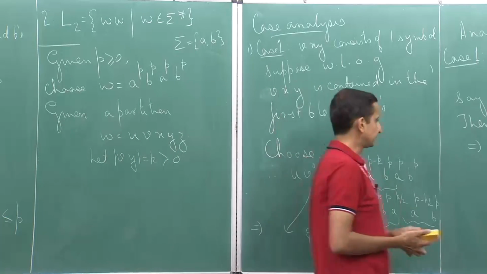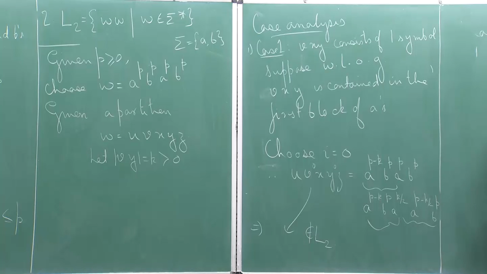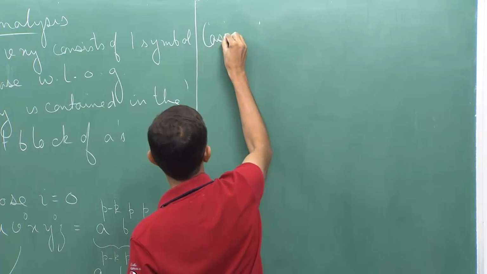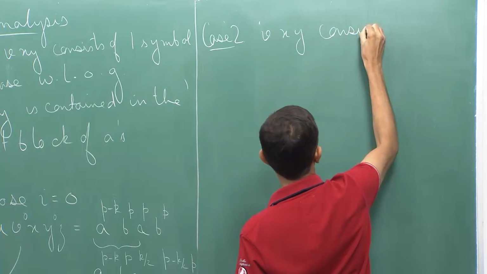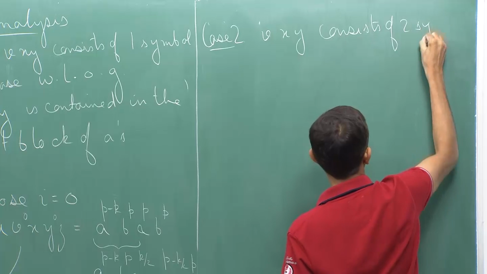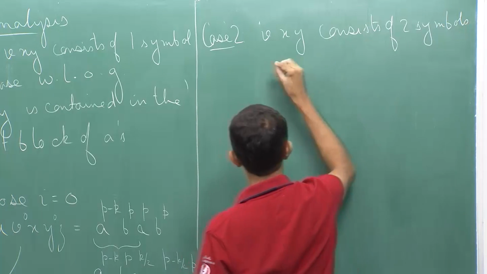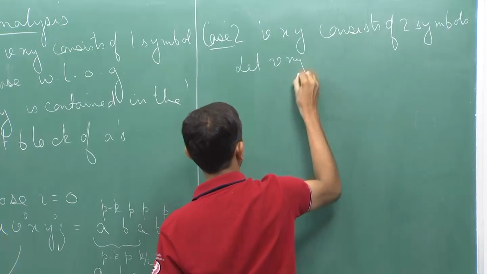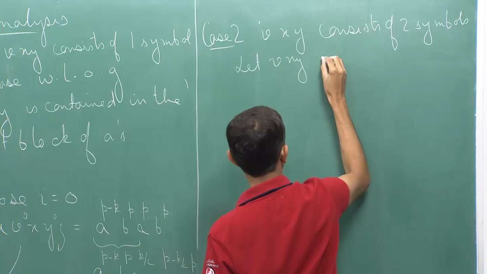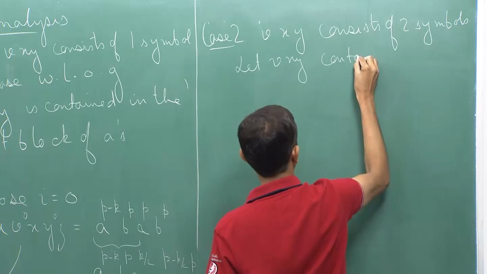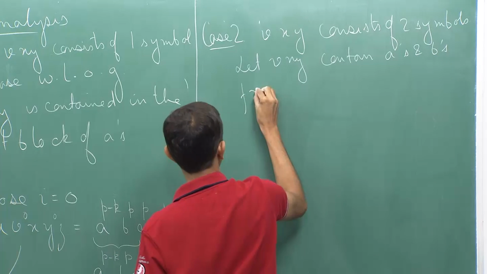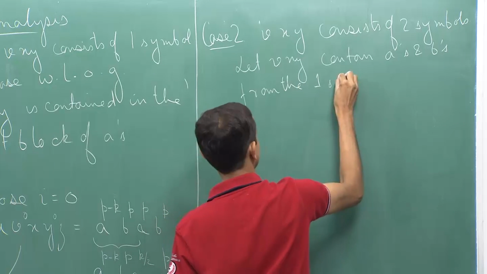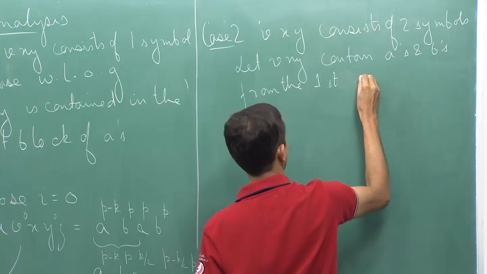Now, once again, what if I look at case 2, where Vxy consists of two symbols, and let Vxy contain A's and B's from the first two blocks.